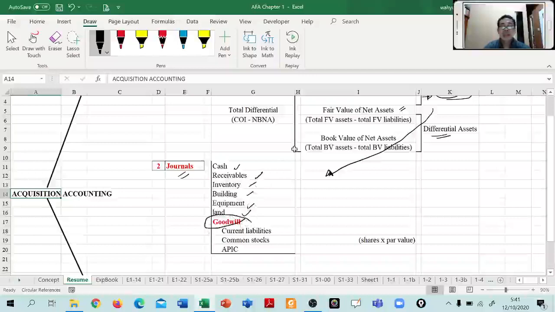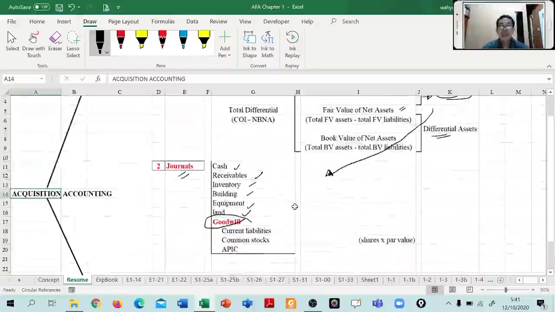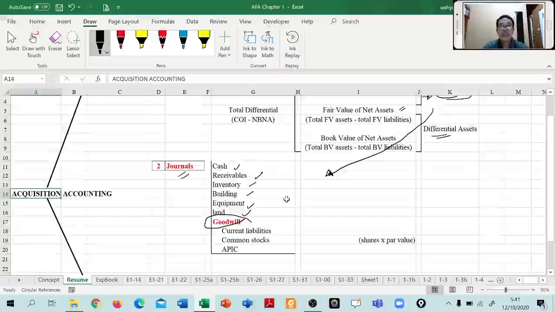Then current liability, common stock, and additional paid in capital. Don't forget that you have to calculate common stock. It comes from number of shares times par value, nominal value.